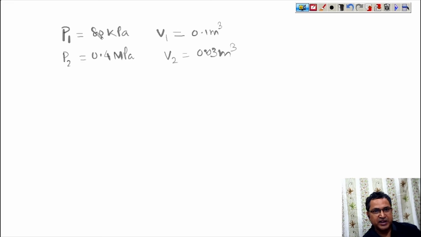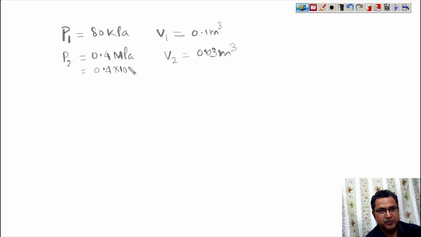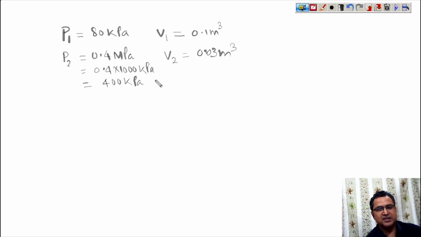This is 80 kilopascal, and 0.4 megapascal multiplied by 1000 is kilopascal, so this comes out to be 400 kilopascal. And this process follows the law PV raised to the power n is equal to constant.